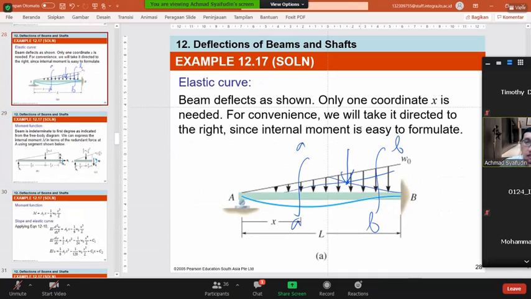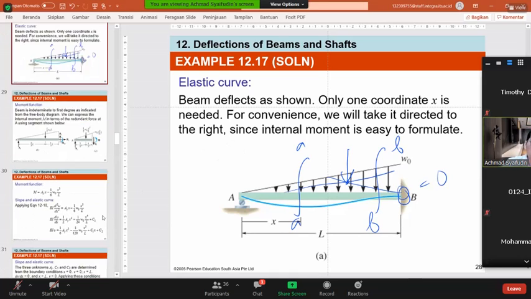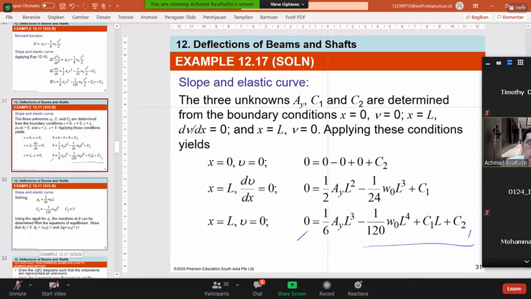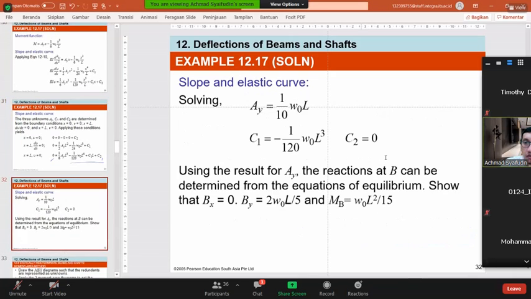Can you understand? This is x equal to r, deflection here is equal to 0. So this is 0, and then we can solve this. So C1 and C2 are found.